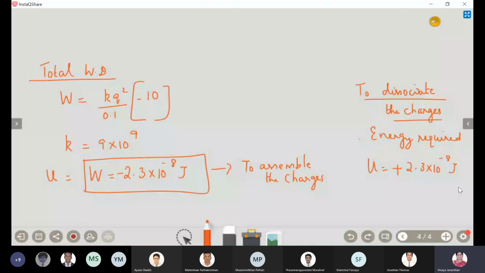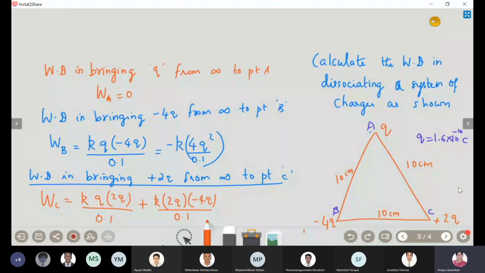Because when you are adding everything, right? This is minus 4, minus 8 is minus 12. Minus 12 plus 2 is minus 10.